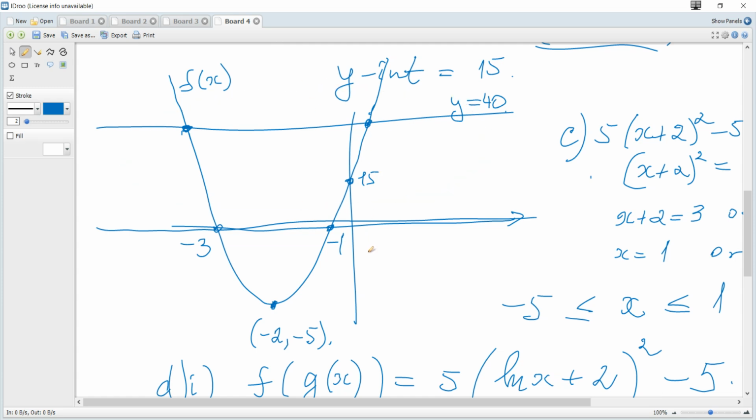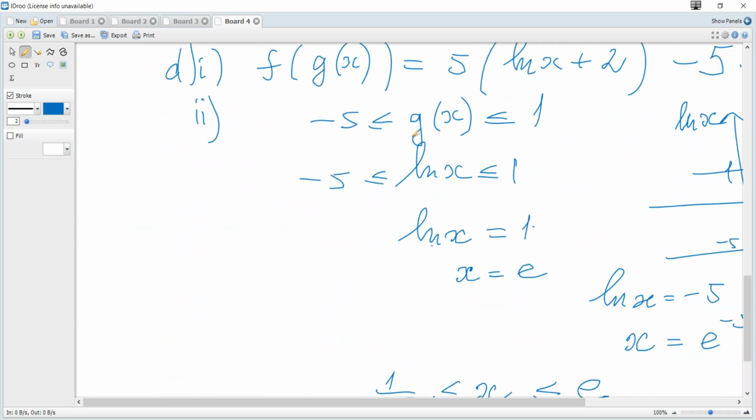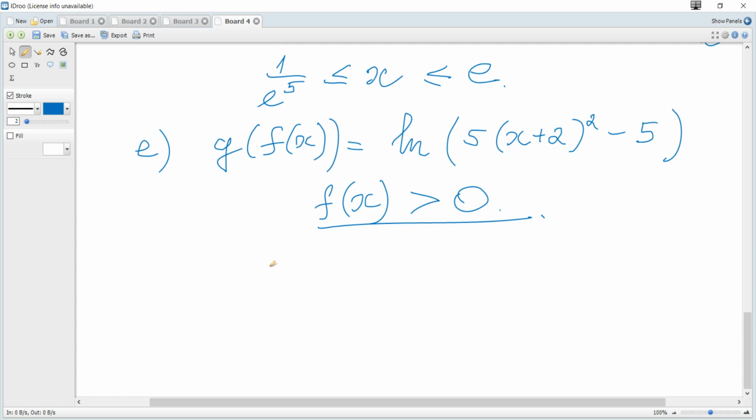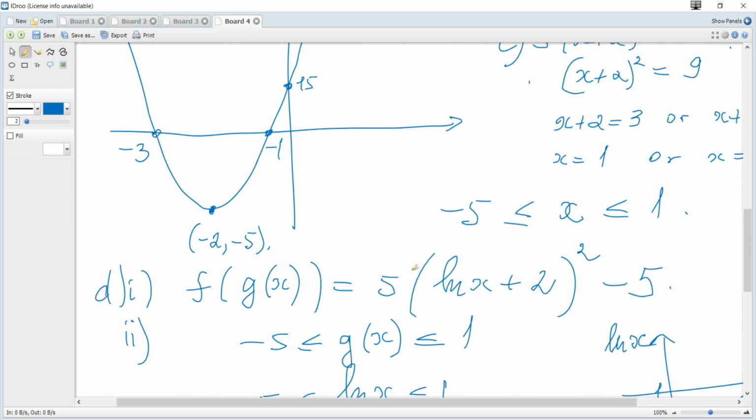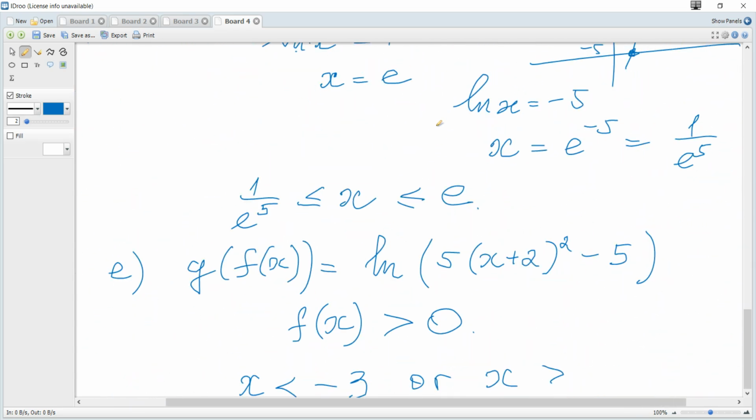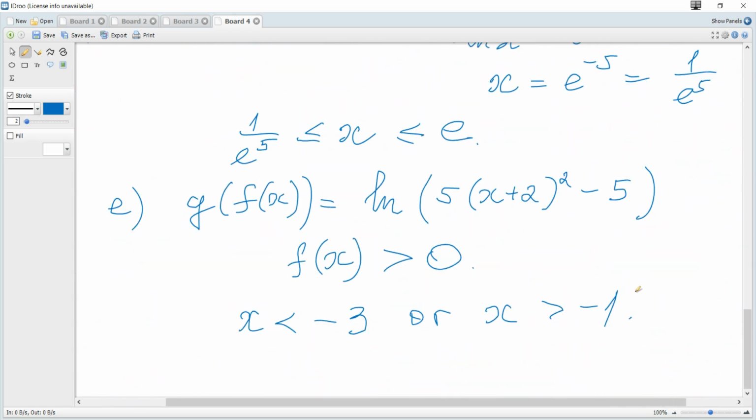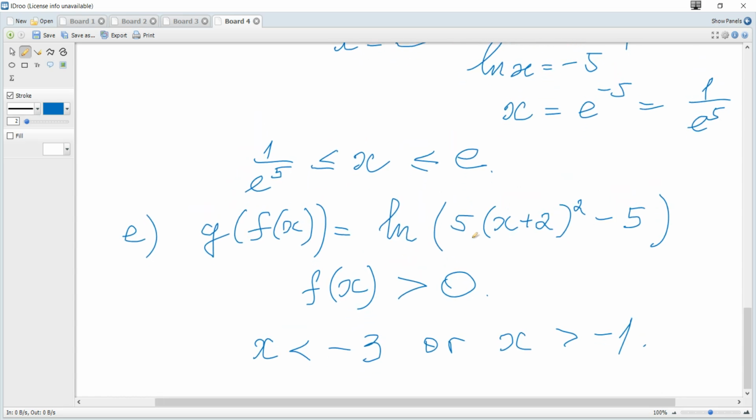And you can see that it's from negative infinity up to negative 3 and from negative 1 to plus infinity. So x is less than negative 3, or x is greater than negative 1. And that's all for this question.